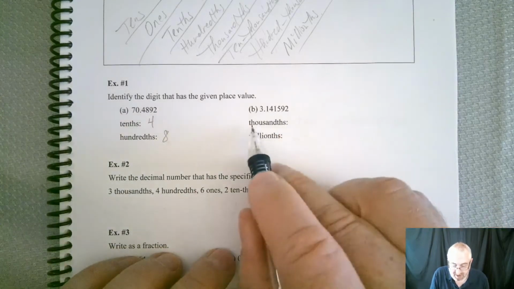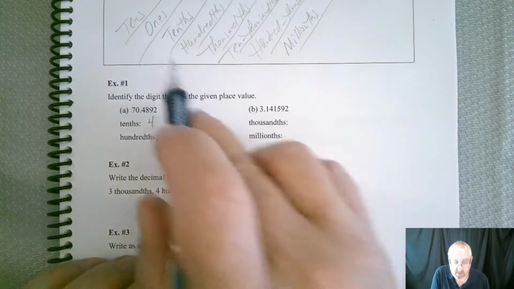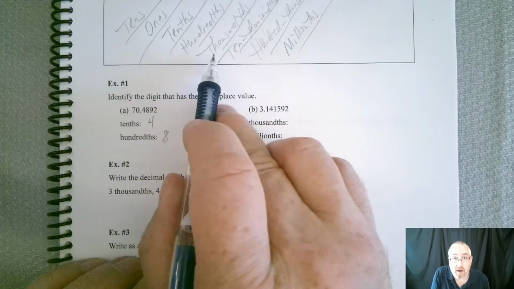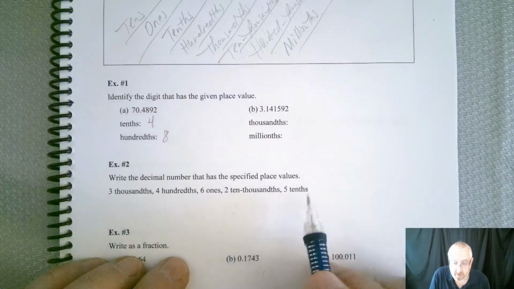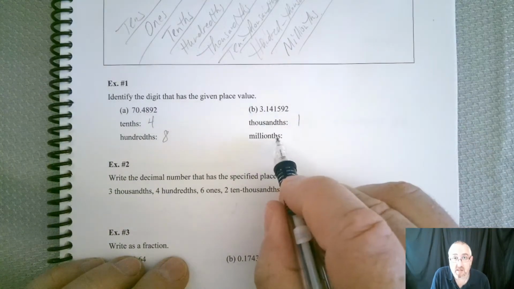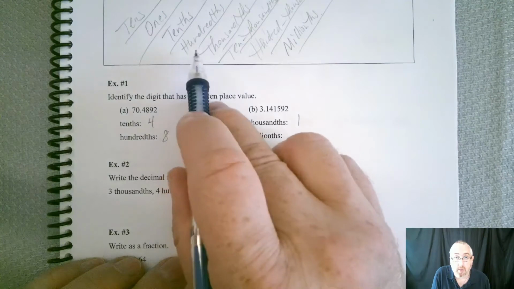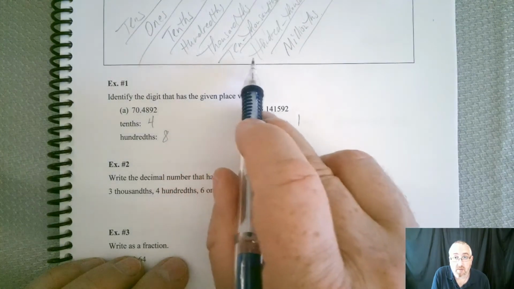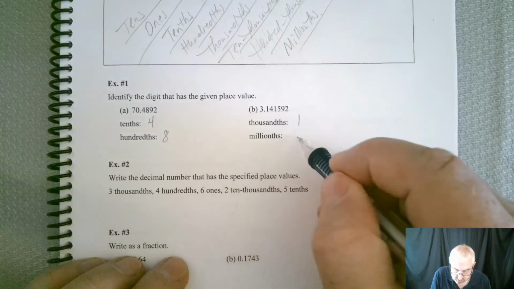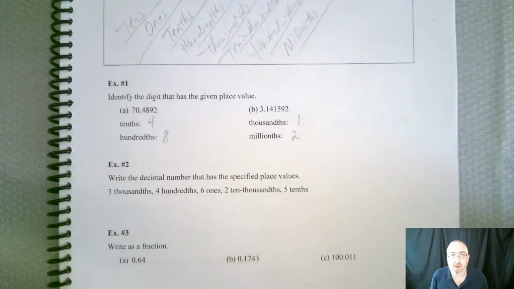Okay. Thousandths. So ones, excuse me, tenths, hundredths, thousandths. So thousandths is the third. So that's going to be the 1. And then millionths. So 1, 2, 3, 4, 5, 6. So the 6th one, that's the 2. Not much to it, right?